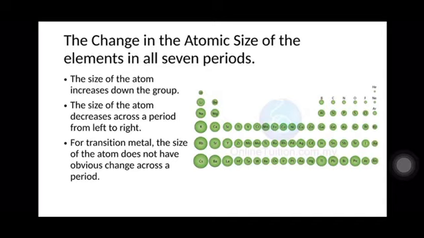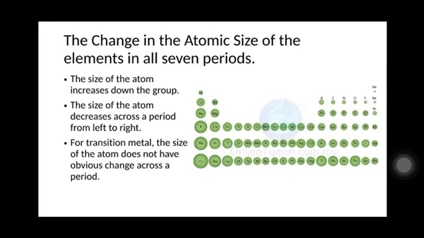So dia punya tips adalah, when we going down to the group, when we are talking about specific group, the size of atom will be increased. But when we are talking about crossing a period, which is from left to the right, the size of atom will be decreased. Bear in your mind.